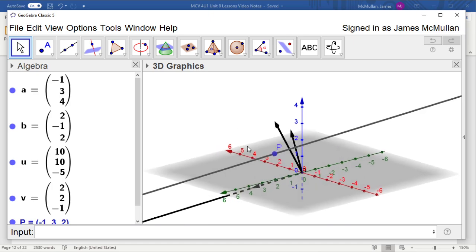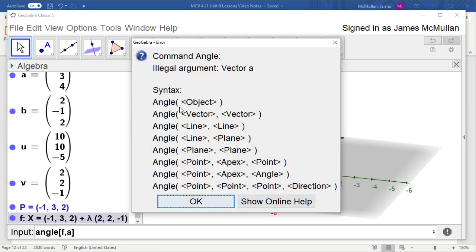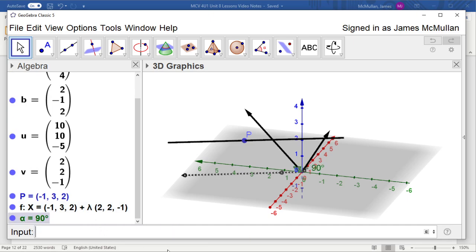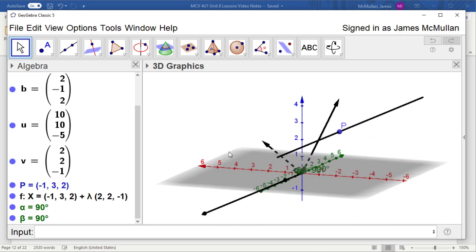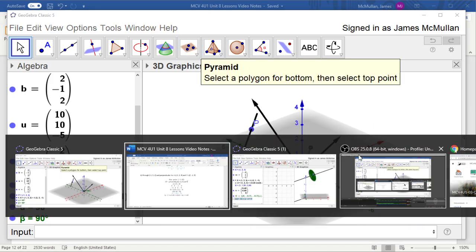So let's do the angle between our vector u and a would be 90, and then our angle between our vector u and b is also 90, right? So they're both meeting at 90 degrees, and we have a line that goes through as requested.